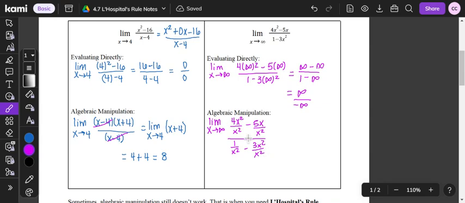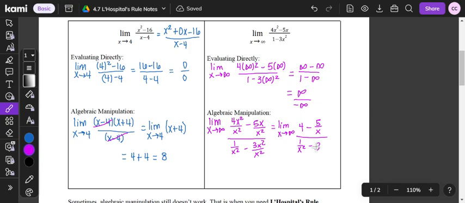Okay, it looks crazy, but it actually cleans up really, really nice. So let's simplify this a little bit. Okay, 4x squared divided by x squared. Well, that's just 4. Then we have minus 5x over x squared. That is 5 over x. Then all over 1 over x squared stays the same. And then I have 3x squared over x squared.